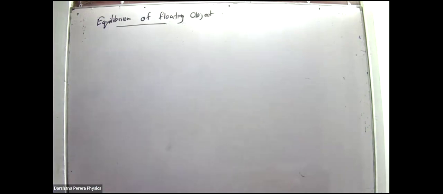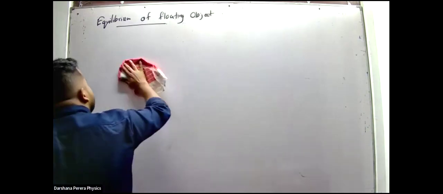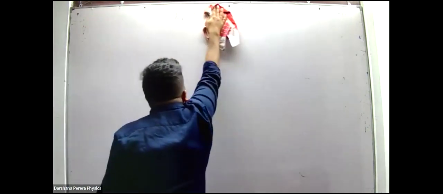This is the equilibrium of the floating body. Right. Then write down another topic. Hydrometer. What do we mean by the hydrometer?